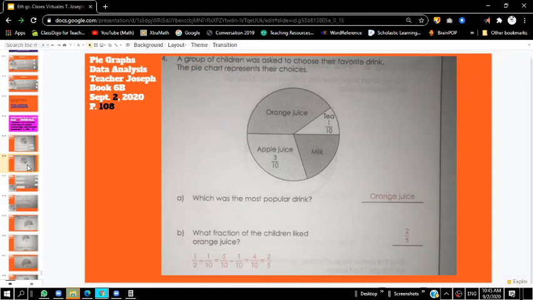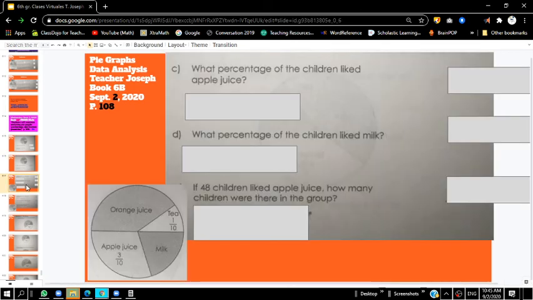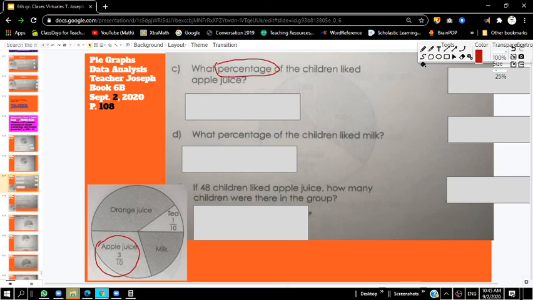Letter C says, what percentage of children liked apple juice? Well, apple juice on the graph is shown with a fraction of 3/10. So in order to figure out the percentage of that, we would have to just multiply by 100. If we take 3/10 and we equate that to a fraction, we multiplied 10 by 10 to get 100.